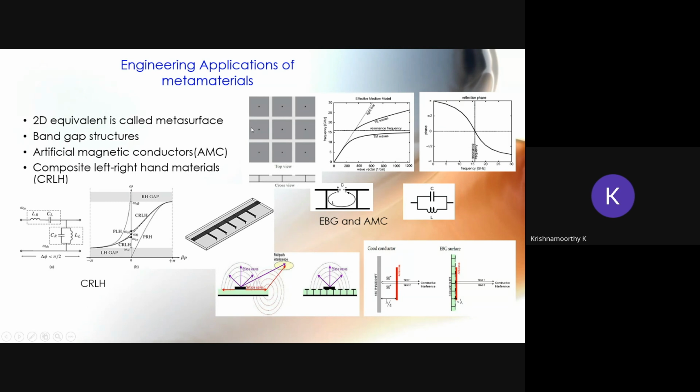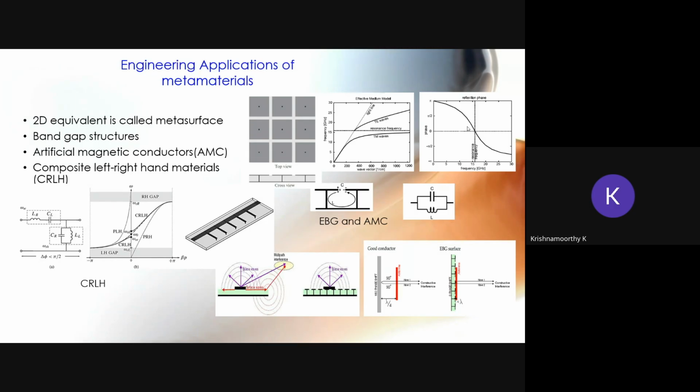This gives the electromagnetic band gap property as well as artificial magnetic conductor property. We have naturally the electric conductor, but we don't have naturally the artificial magnetic conductor.